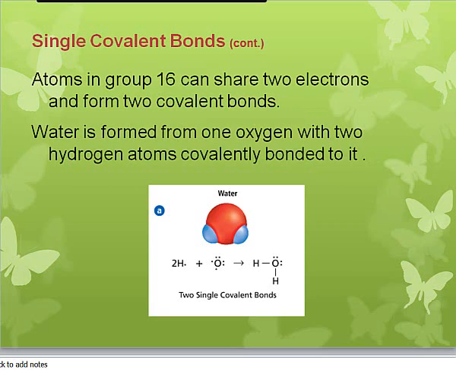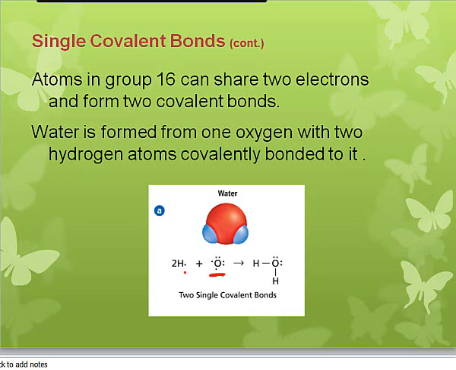Atoms in group 16, which starts with oxygen and goes down, can share 2 electrons and form 2 covalent bonds. Water is formed from 1 oxygen with 2 hydrogen atoms covalently bonded to it. So, here you have the oxygen. If you look at the picture on your screen, you see that it's missing 2 electrons to be a complete octet.